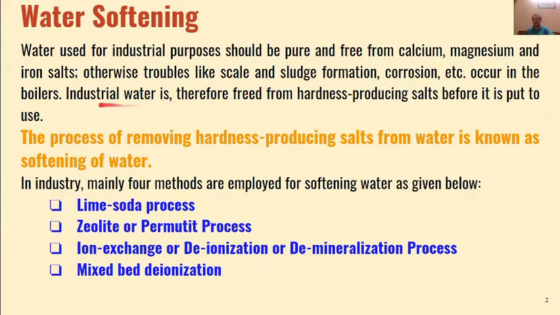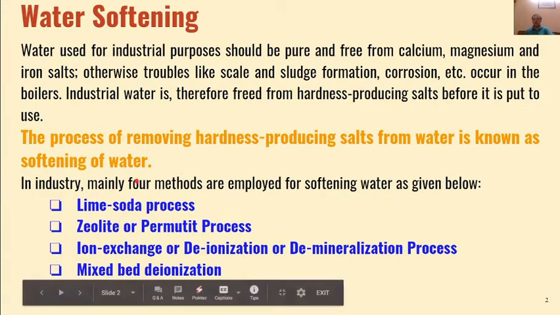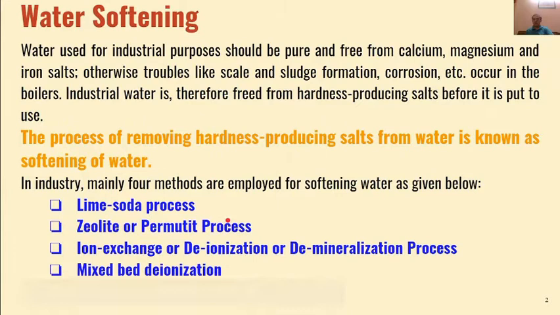Therefore, the industrial water which is to be used should be free from hardness producing salts like calcium, magnesium, or iron salt. And this process of removing hardness producing salts from water is known as the softening process. And as I have told you, these are the methods which are commonly used for softening of water.